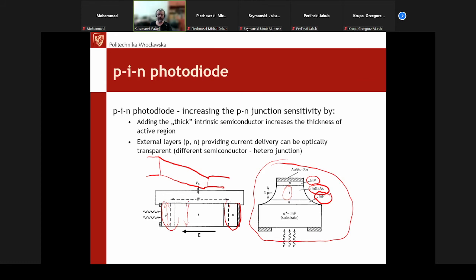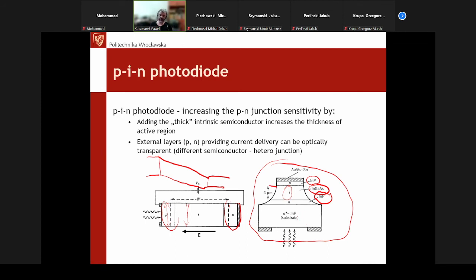It means only this mechanism, connected with the electrical field forcing the carriers to move, is useful in this device. So only this one is limiting the maximum frequency of operation for such photodetectors. So they are much faster.